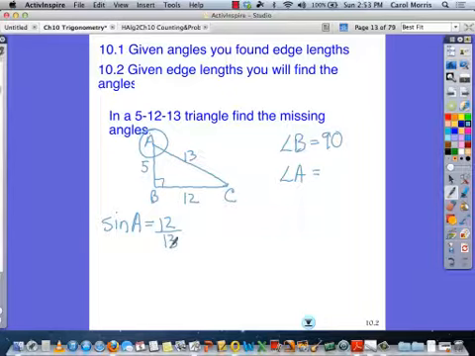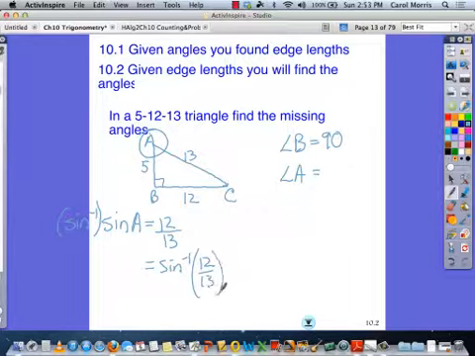Well, if we would do the inverse of sine, the inverse of anything undoes it, on both sides of our equation, that would undo the idea of sine, and the sines would cancel, but that would leave us with A. Well, that's exactly what we want. We want the value.